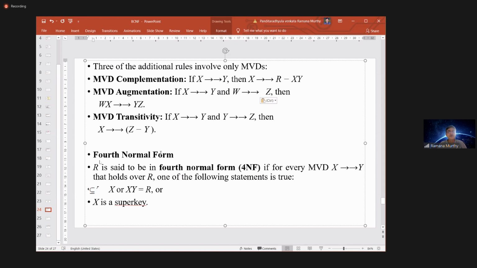If you derive Y from X, and from Y you are deriving Z, we want only the Z attributes, the remaining attributes. When it comes to the remaining attributes, we are eliminating all the Y attributes. If any columns are there in Y, we remove those Y attributes from Z and identify all other attributes. Then all other attributes will hold on X or Y. That is the meaning of transitivity.